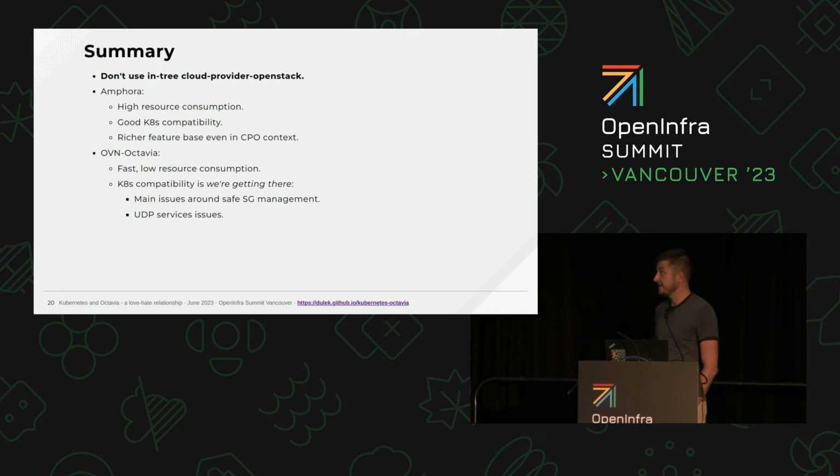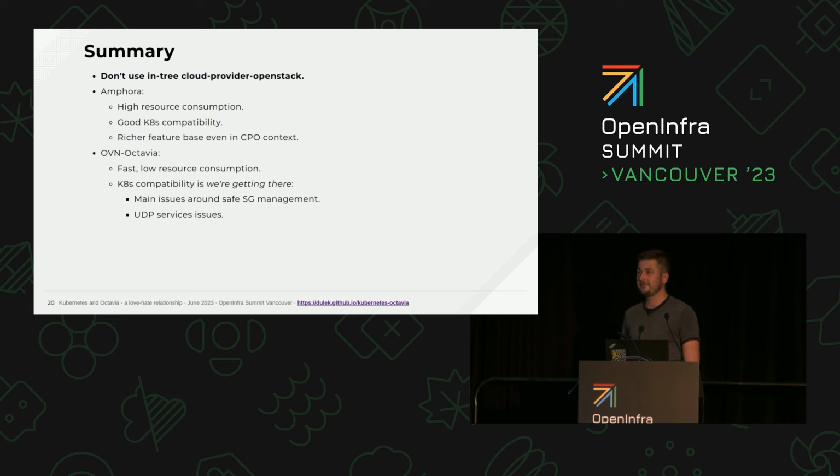With OVN Octavia, yeah, low resource consumption, it's very fast to start a load balancer. But the Kubernetes compatibility is in progress, I think. And I would say that the main issue is around the safe security group management, so that you don't need to open a whole bunch of ports for the whole world. There are some issues with the UDP services.